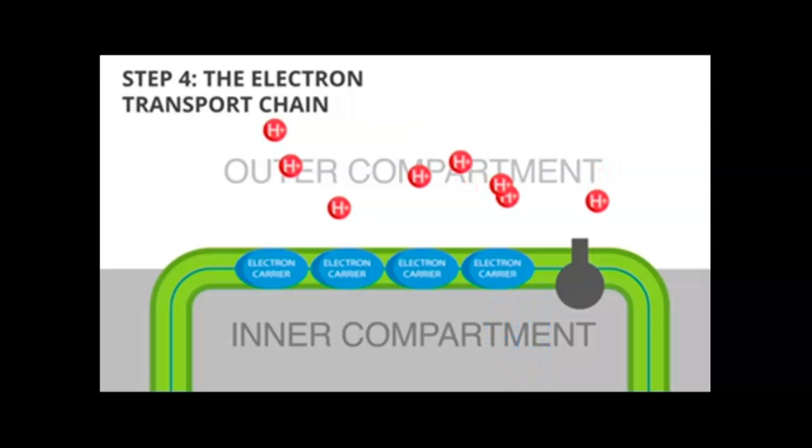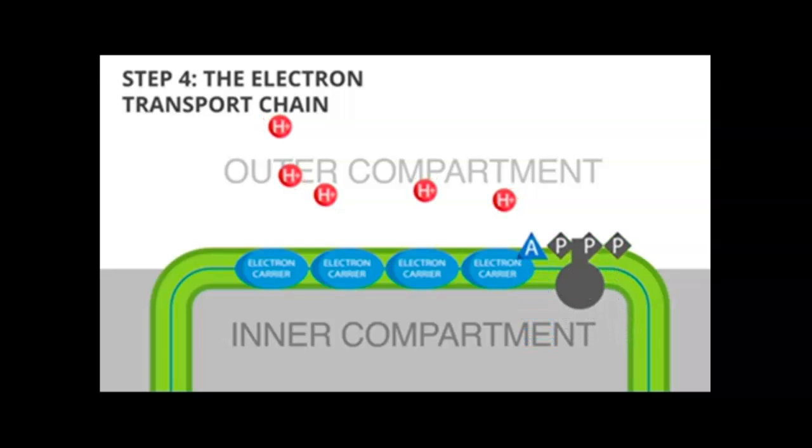We create a gradient of hydrogens, lots and lots of hydrogens here. They all want to come in from where it's really crowded to where it's less crowded, and the allowing of those hydrogens to come into where it's less crowded allows us to make more ATP from the ADP that was already floating around. So the overview is you use lots of hydrogens from all of those steps to make boatloads of ATP. And that's basically it. So hopefully this overview helped you.